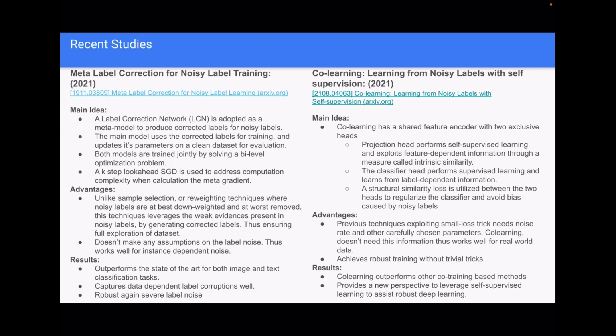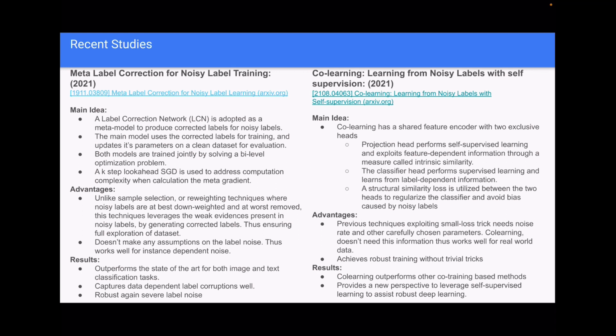The other head is a classifier which performs supervised learning and learns from label-dependent information. A structural similarity loss is utilized between the two heads to regularize the classifier and avoid bias caused by noisy labels. Basically, the idea here is we are looking at the same features from two different perspectives, and then we try to minimize the loss so that both of them converge.